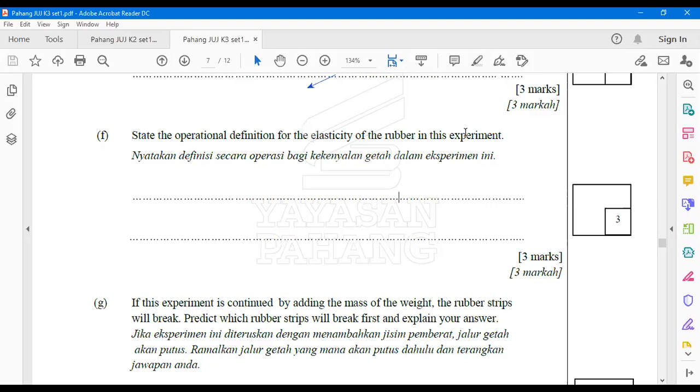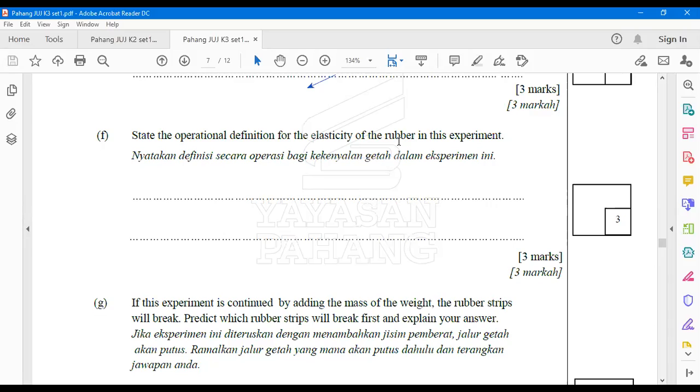Now, what do you observe? The extension of the vulcanized rubber remains unchanged while when a natural rubber strip is used, the extension of the strip becomes longer. Can you make your sentence shorter?